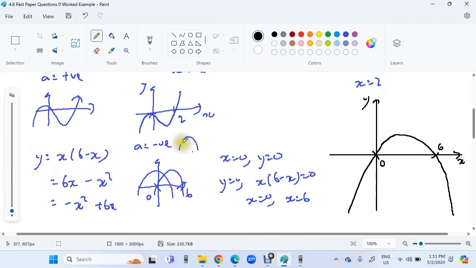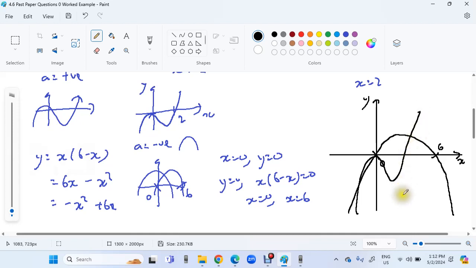This is the curve. And then we will have this one, the shape like this. Oh no, we will have something like this, and then we go up.